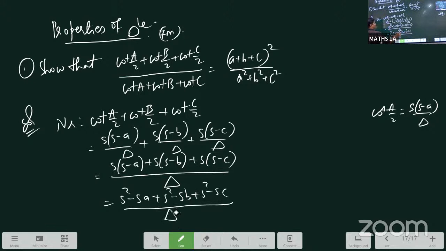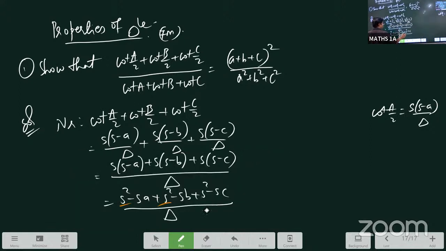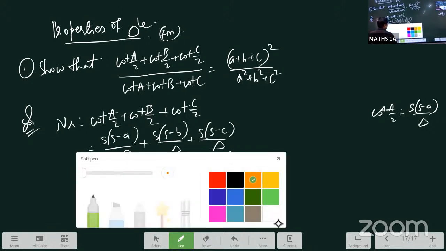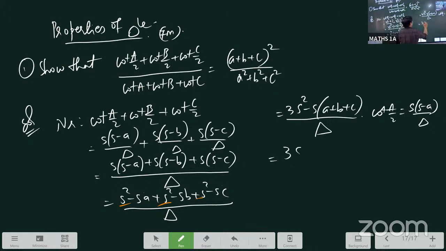Now S square plus S square plus S square, which is nothing but 3S square, minus SA minus SB minus SC. Taking S common, A plus B plus C, divided by delta.